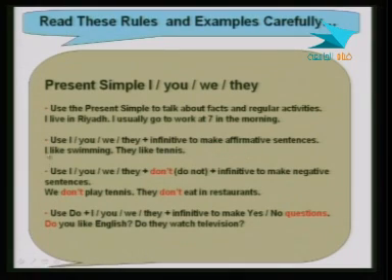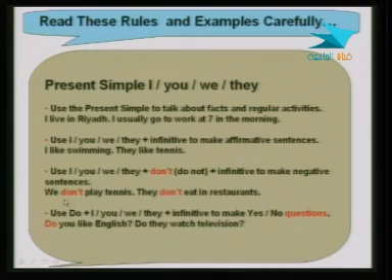The second point, النقطة الثانية هنا, use I, you, we, they إضافة إلى don't، بعده يأتي الانفينيتيف أو المصدر الأساسي من الفعل، to make negative sentences، لنكون جمل منفية، وهذا هو المثال. We do not or we don't.